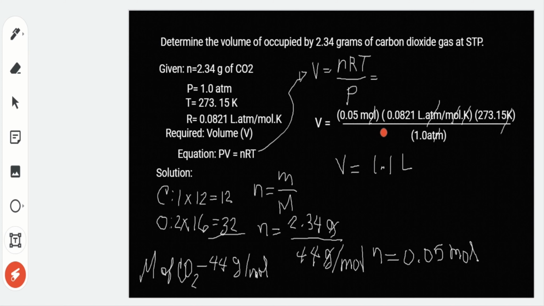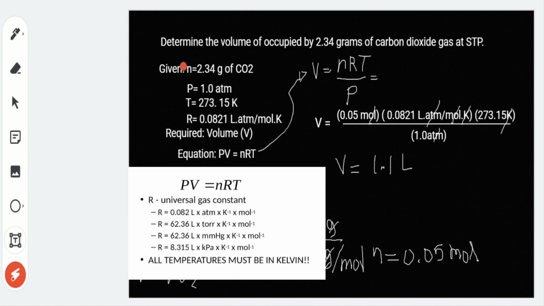So, when can we use ideal gas law equation? Again, we use ideal gas law equation if hindi constant or nagbabago yung mga variables such as yung pressure, temperature, and of course the amount of gas, and of course we will be using the universal gas constant. Yung universal gas constant naman, depende kung ano yung unit na ginamit mo sa mga given mo.